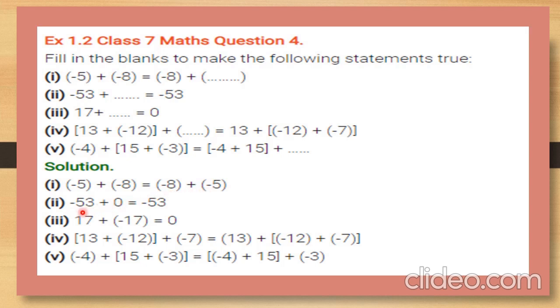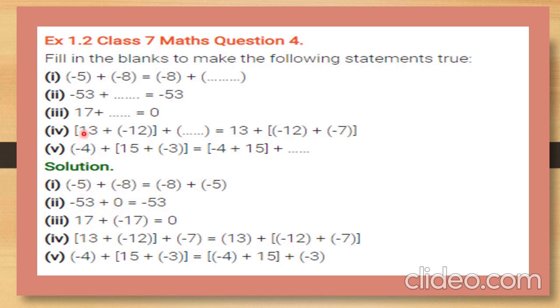Now second one, minus 53 plus blank equal to minus 53. So in order to get the same number, we have to add 0. When we add 0 with any integer, you will get the same answer. So in the blank you put 0. That is second question answer.